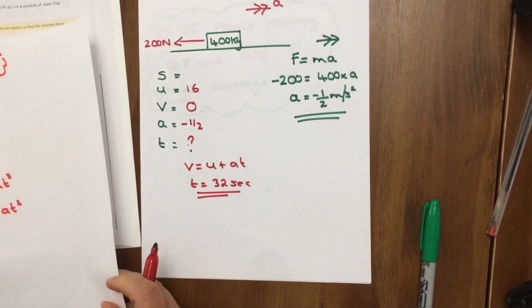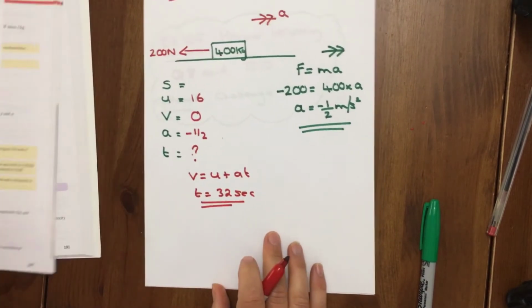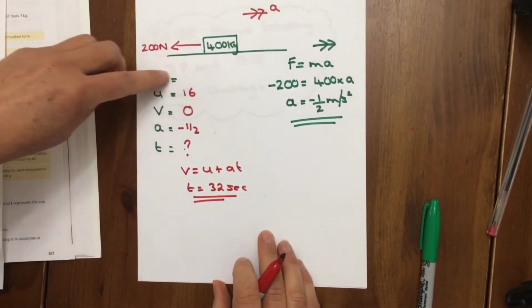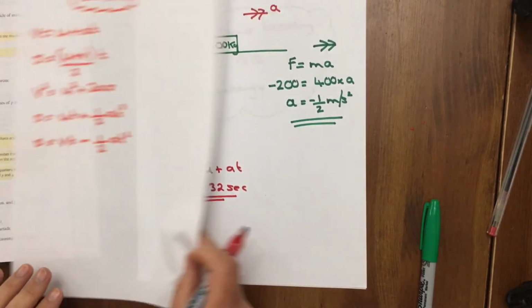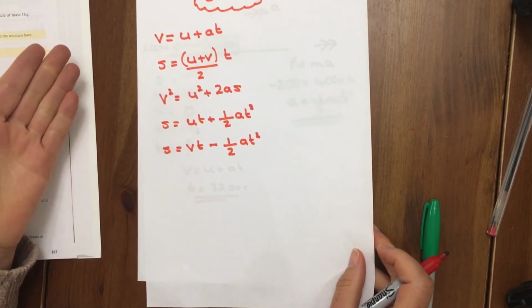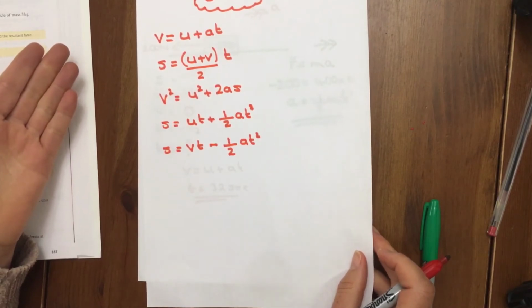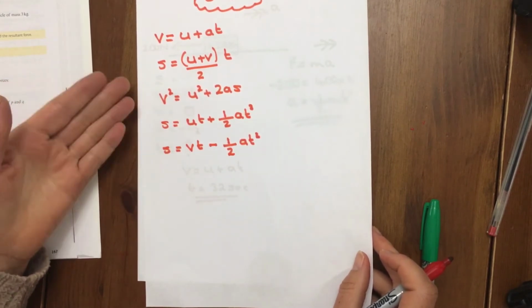Part B, find how far the van travels before it stops. So you're finding out S now. Because we've already worked out T, you can in fact use any one of these formulas to find S. Obviously it has to have S in it.